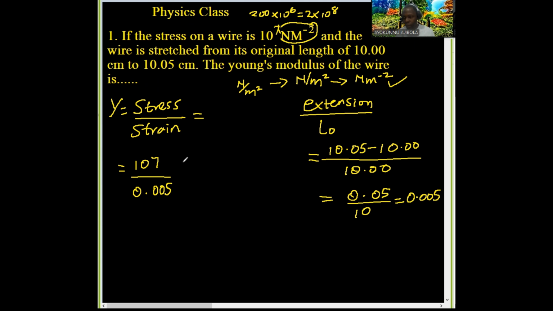That's from the question. So this one now is going to be 10 raised to the power 7, which is the same thing as 1 and 7 zeros, over 0.005.